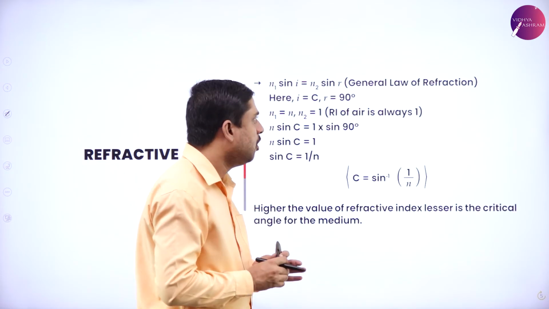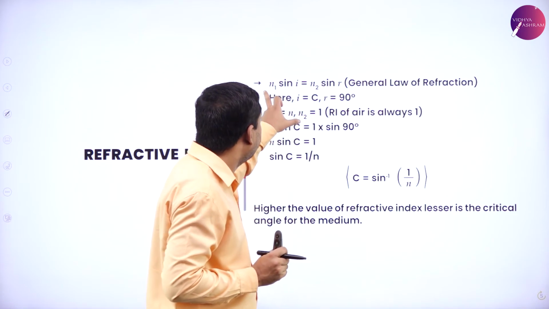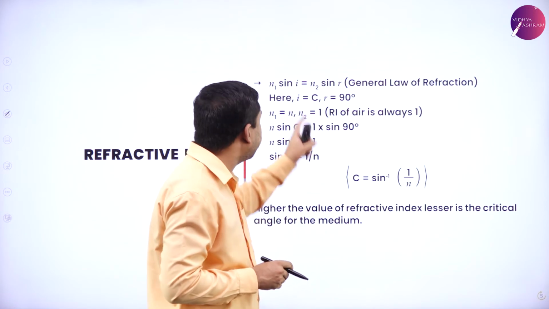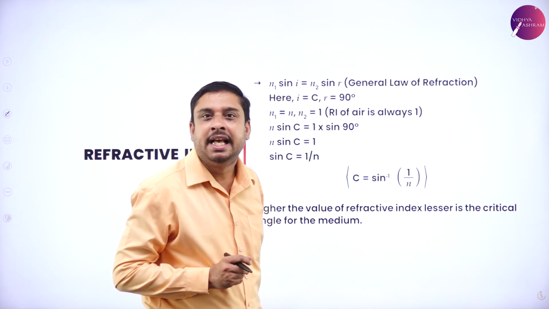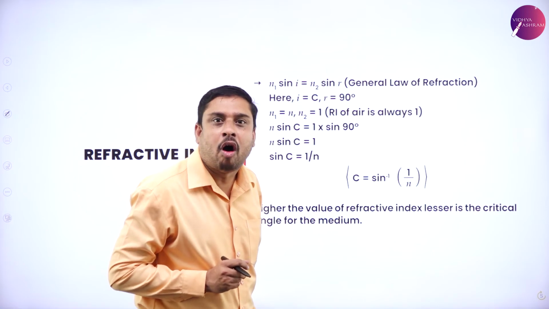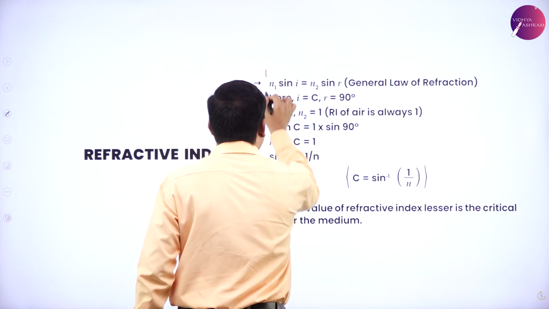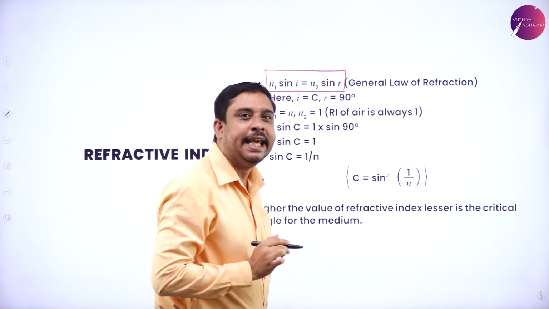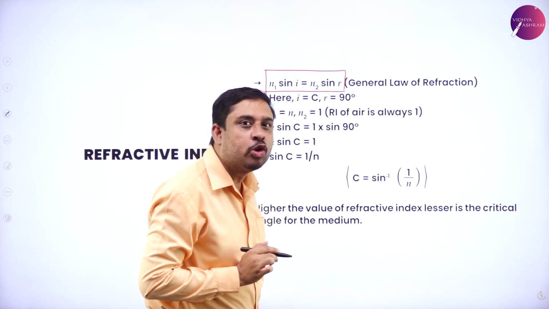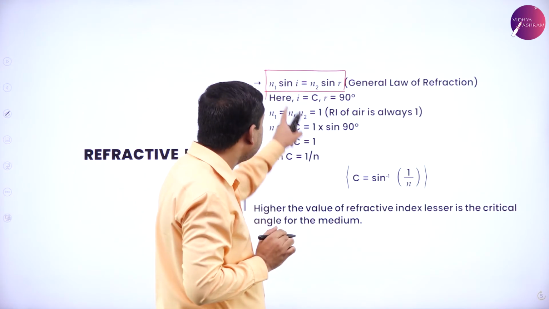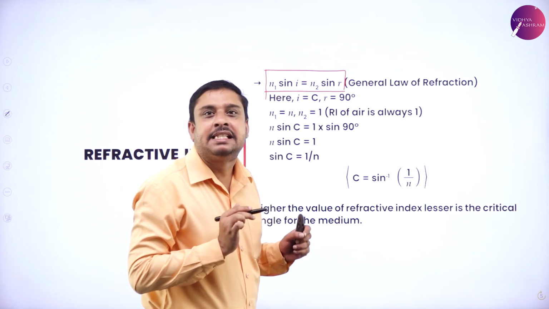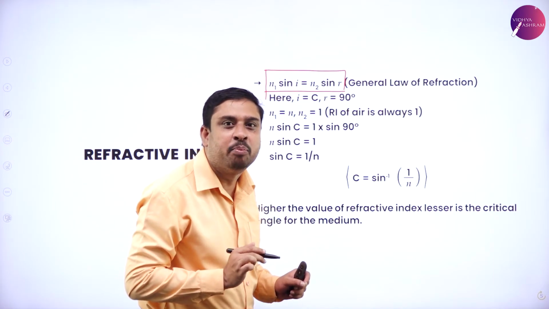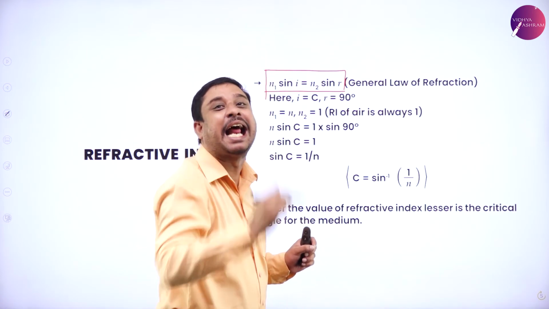Now, follow carefully. From the general law of refraction, understand? This is called the general law of refraction. N1 sin I equals N2 sin R. N1 is the refractive index of the medium from which light travels.